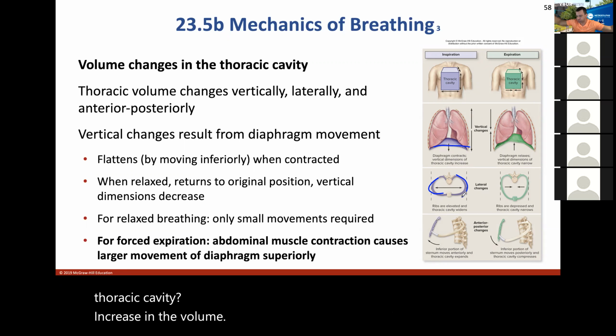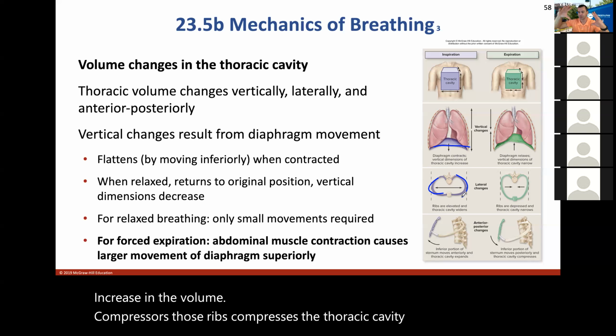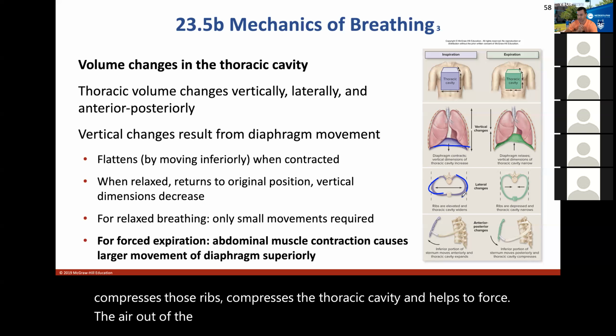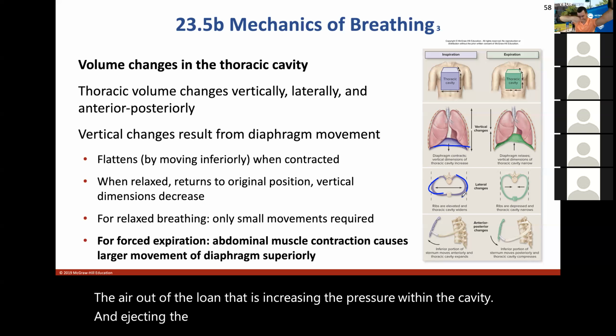Exhalation compresses those ribs, compresses the thoracic cavity, and helps to force the air out of the lung. That is increasing the pressure within the cavity and ejecting the air. Everybody with me there? Perfect. Thank you.